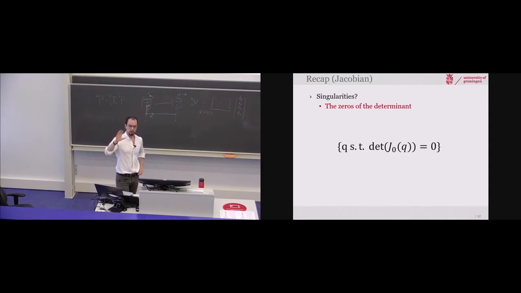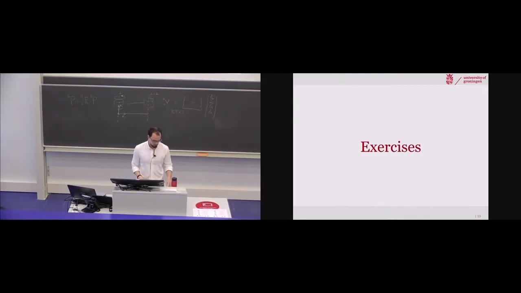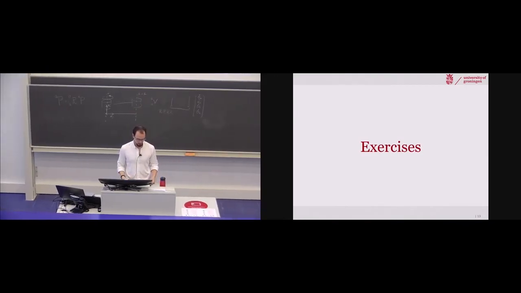So if you take the determinant of the Jacobian and put it equal to 0, the values of the Q's such that the determinant is equal to 0 are the singularities of the arm. Okay? And this basically concludes our main recap of the transition matrix, Jacobian, and a little bit also of the frame assignment. Okay? And now we can go on with the actual exercises.